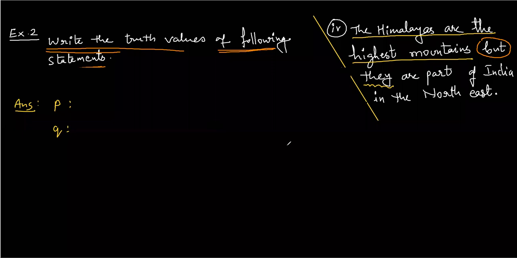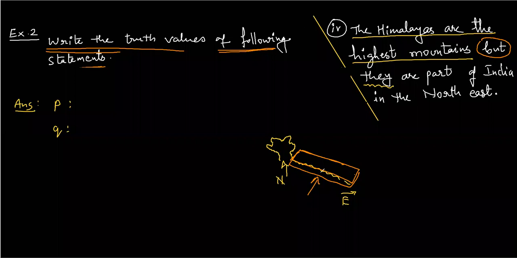Now you all understand, students, that if this is our country, so this is north, this is east, and what about this portion? We all know that this becomes northeast. This direction is northeast.